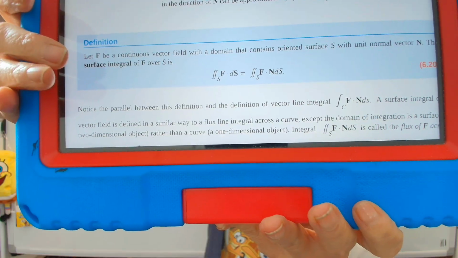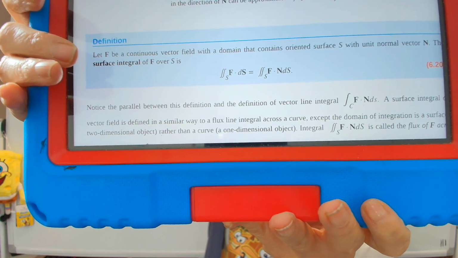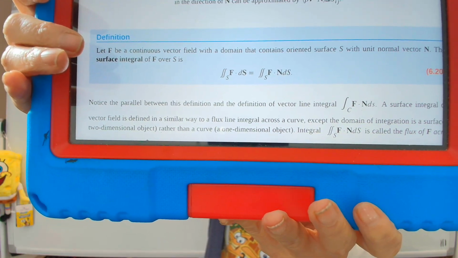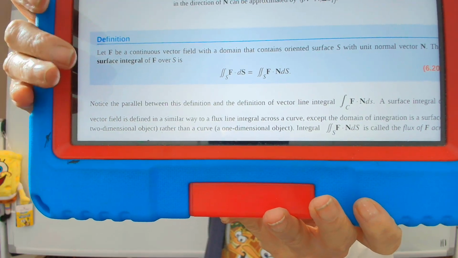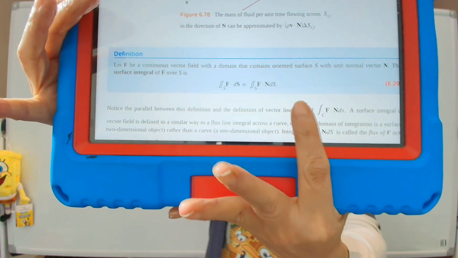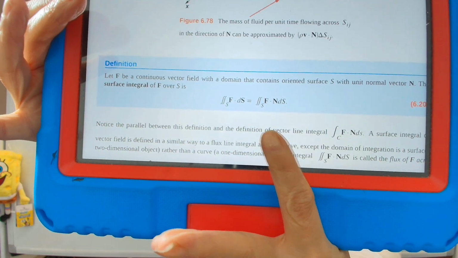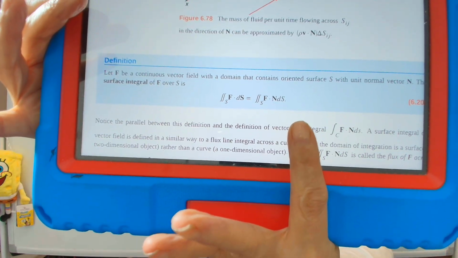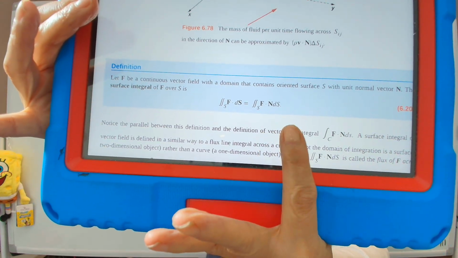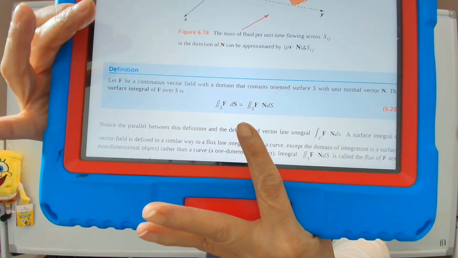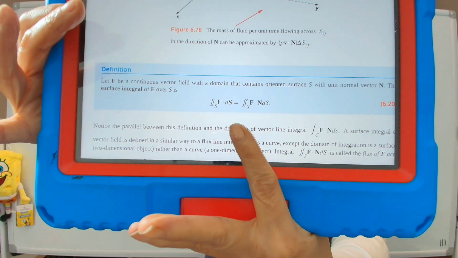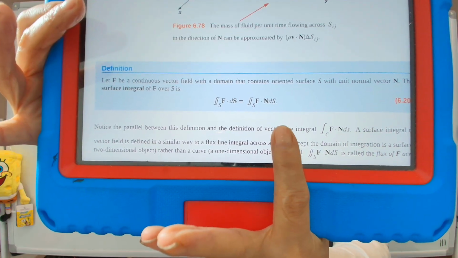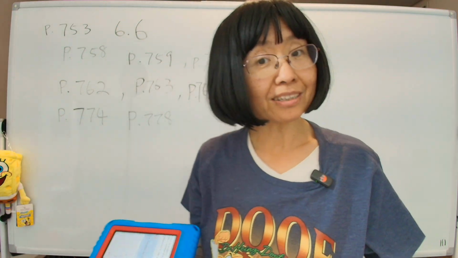The S is boldface. In other words, S is like a vector. What is the boldface S? The d boldface S is the same as n dS. That is, your surface has a direction related to it, so we write it this way as a shorthand. So dS boldface means the normal vector times the regular dS.